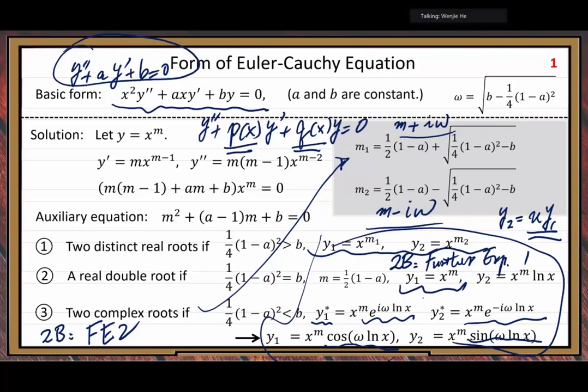In a later chapter, we can use the power series method. So we can find a power series solution. So we have more tools we can use to solve this type of equation.